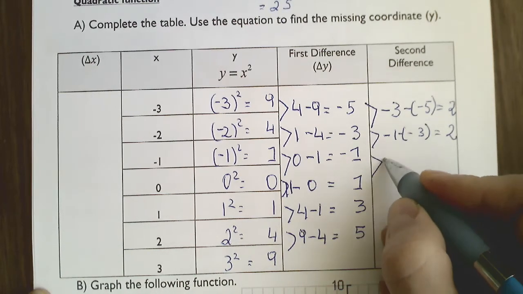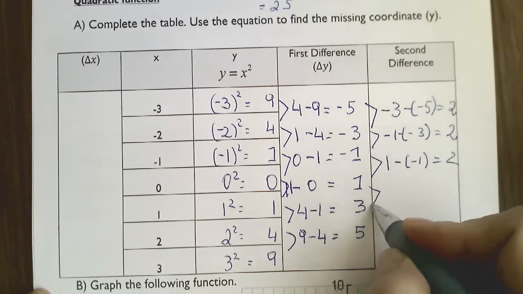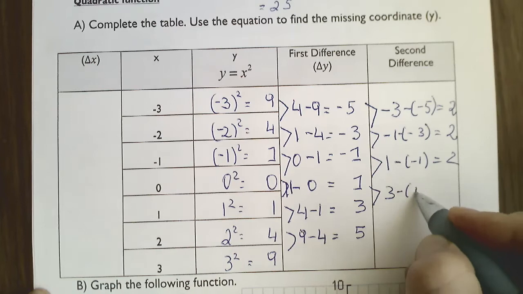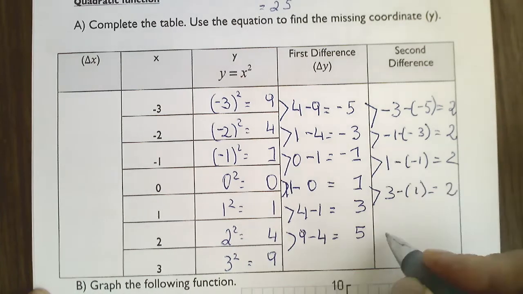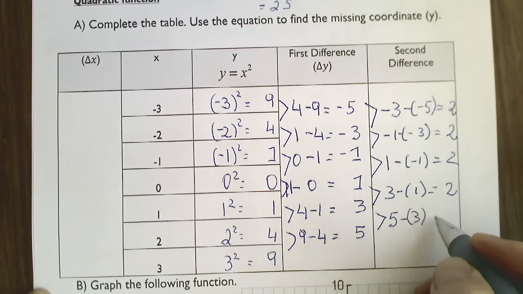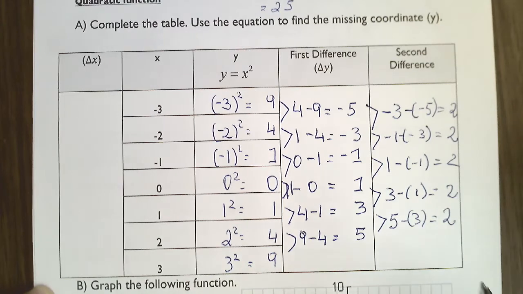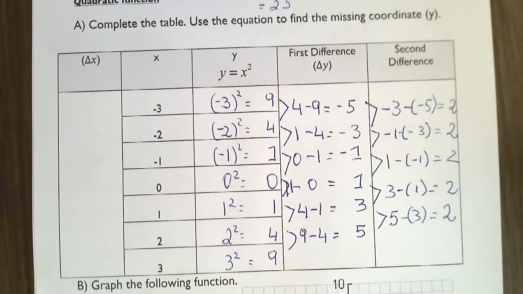The difference between 1 and -1 is 2. 3 and 1 is 2. And 5 and 3 is 2. So the second differences are constant and they are positive. Therefore, I can conclude that this table values represents a quadratic function.